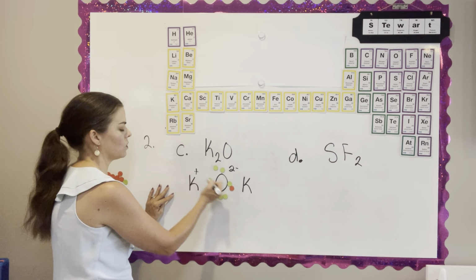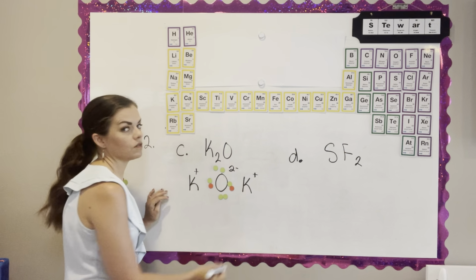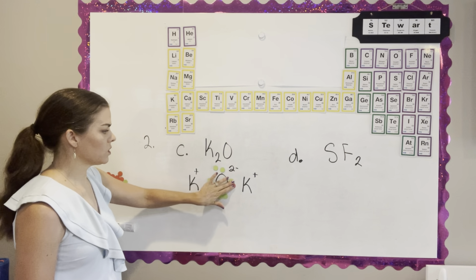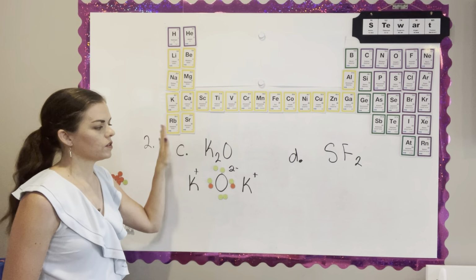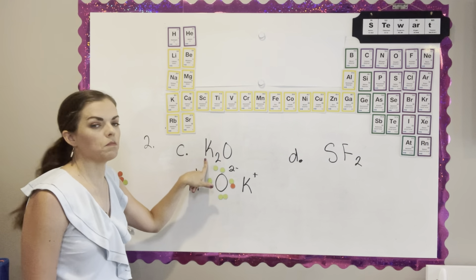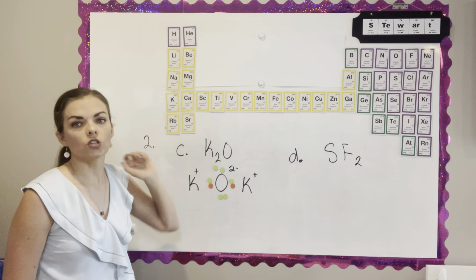This one lost 1, so it gains a charge of positive, and this is a charge of a positive 1. So this is technically what the Lewis structure would look like for this ionic compound. So if it tricked you, it's because we have a metal and a non-metal, and so it's ionic.